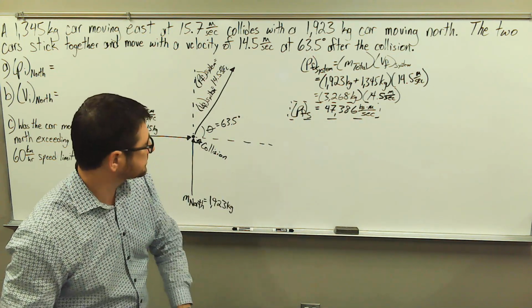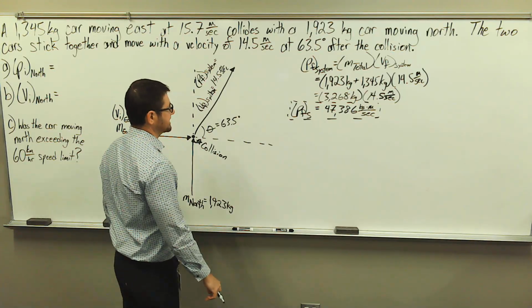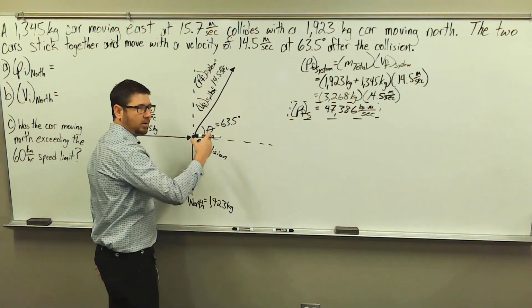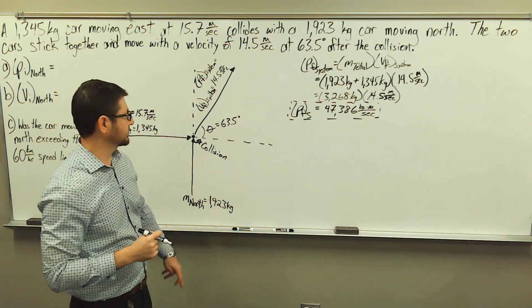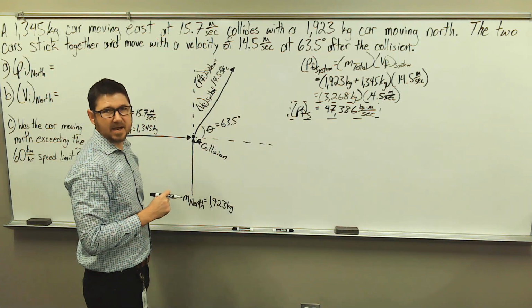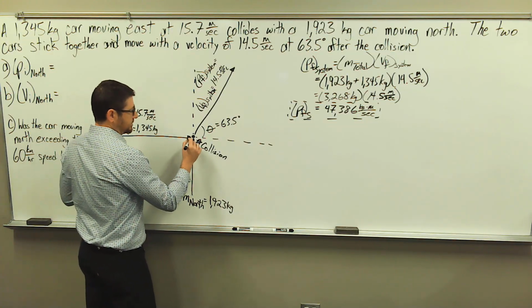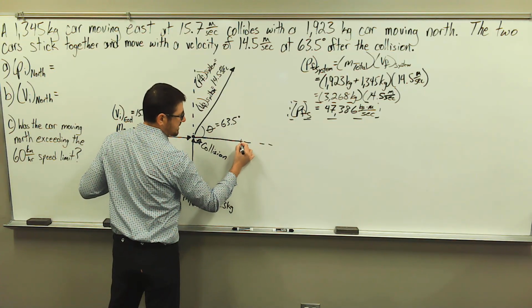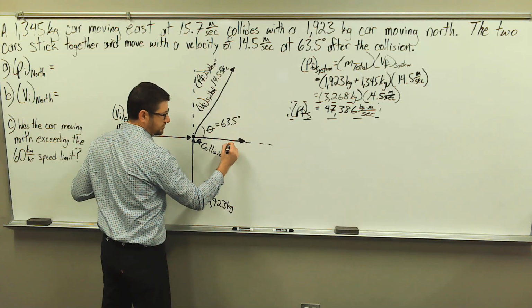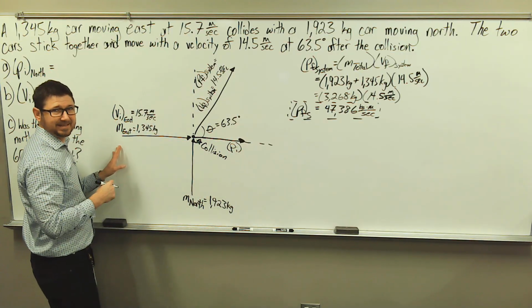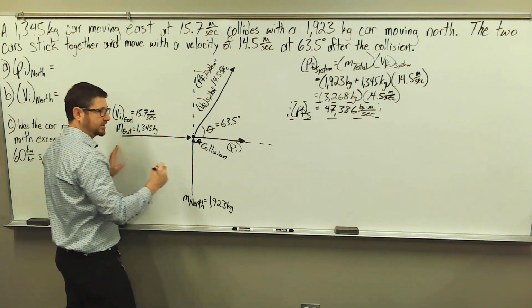So what I want to do is draw our initial momentum vectors on the right side of our diagram, okay? So what we need to do is identify our initial momentum, so p sub i, and I'm going to use the subscript of east to stay consistent here.